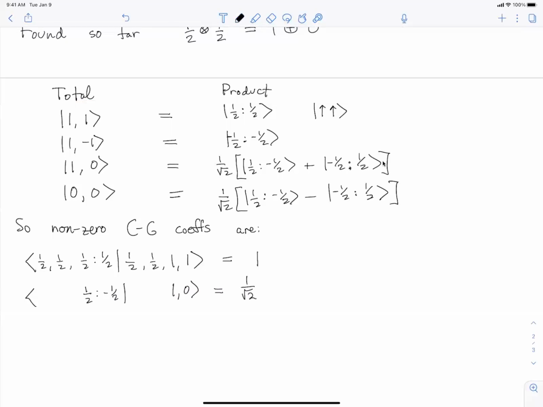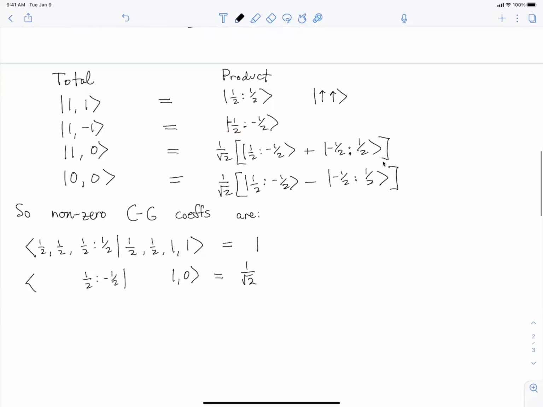That's the information from here. And we can do -1/2, 1/2, 1, 0, which is also 1 over √2. That's the information from here.